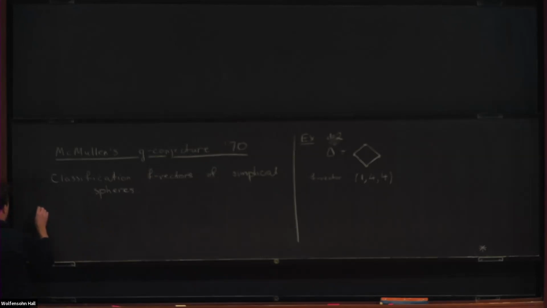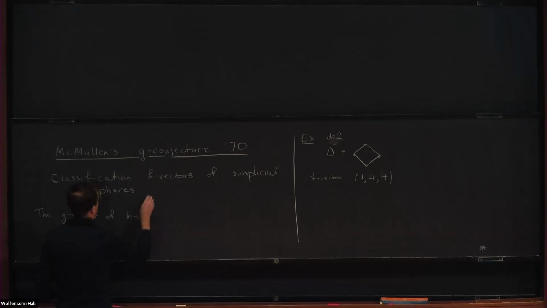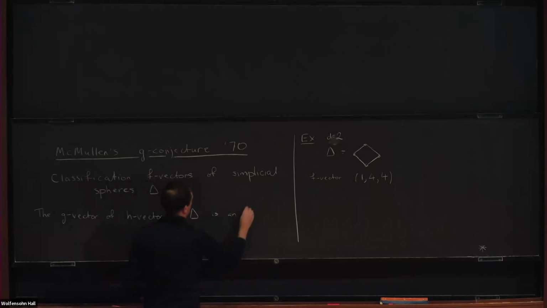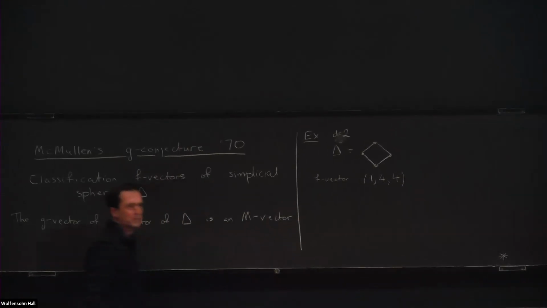It's the G vector of the H vector of delta is an M vector. So it's kind of a little silly.